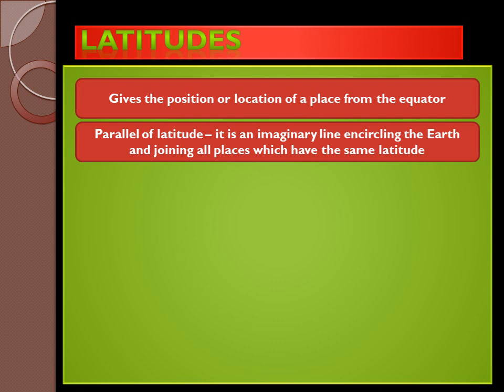We already know equator is an imaginary line that runs through the center of the earth, and it is the largest latitude on the earth which divides the earth into two equal parts, that is northern hemisphere and southern hemisphere. And the latitudes give the position or location of a place from the equator.